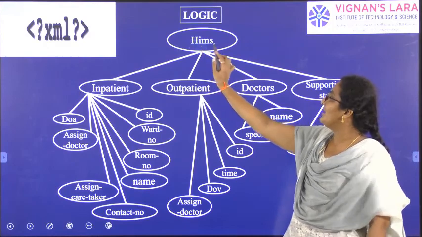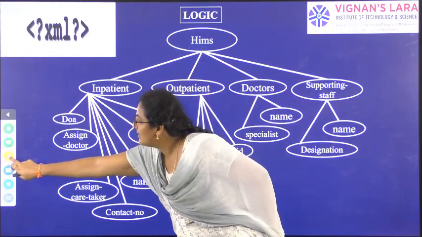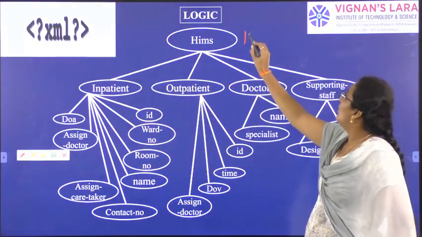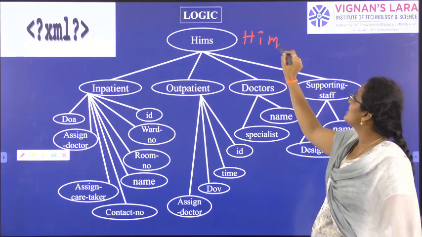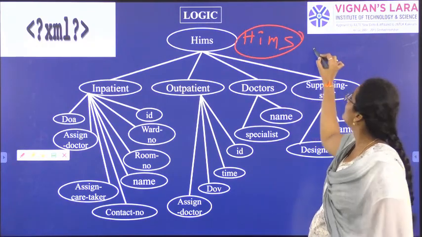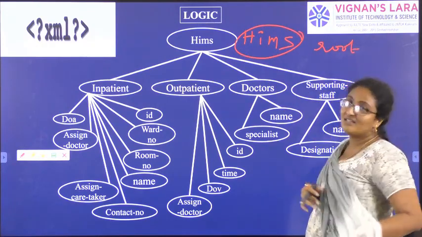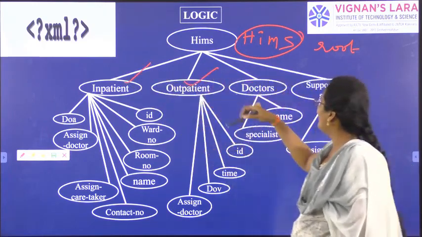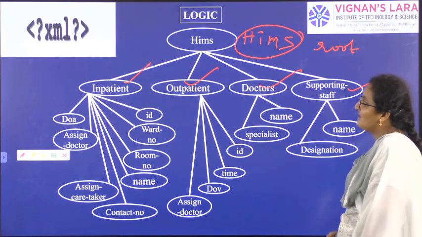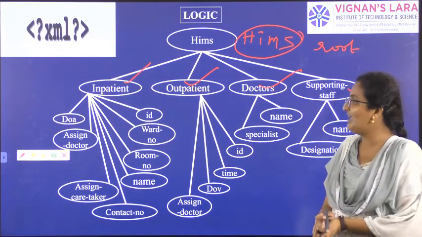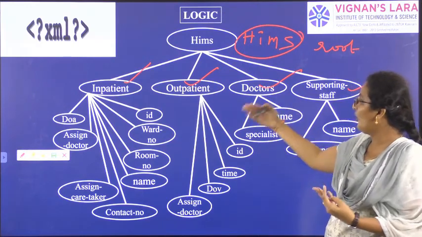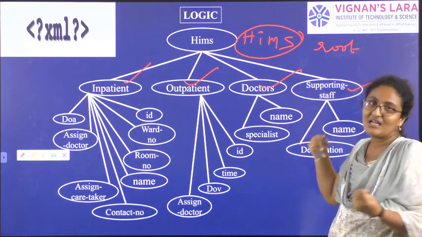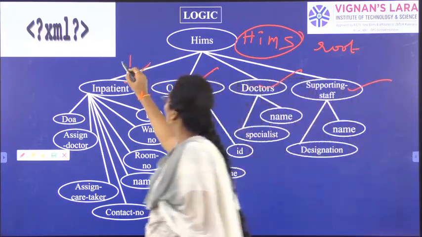It is HIMS. This is the root element. For this root, what subroots do we have? Inpatient, outpatient, doctors, supporting staff. This is what the hospital has. So inpatient, outpatient, doctors, supporting staff are also tags.